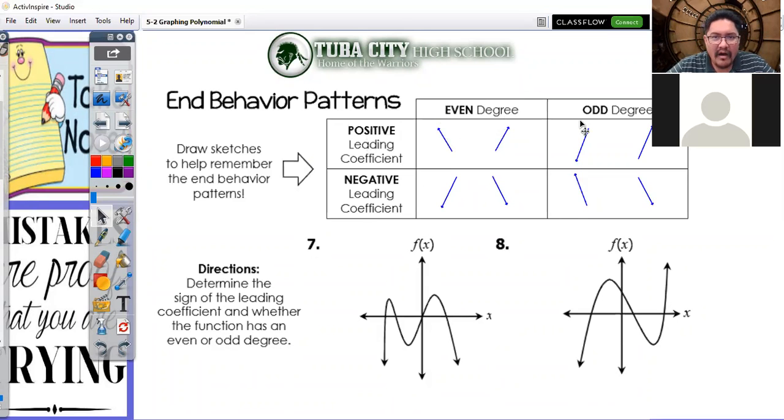What if it was an odd degree? So think of a 3 degree function, right? Remember how I say it looks like an N? It does kind of look like an N, and it has 3 segments. One goes up, one goes down, and a second one goes up. So there are 2 ups and 1 down. And again, that's going to look kind of like this.